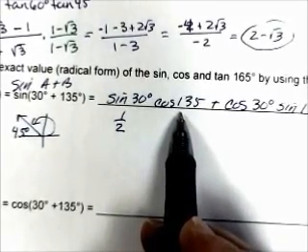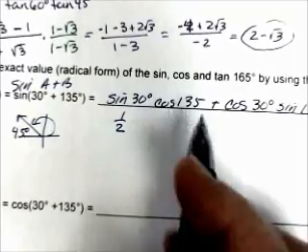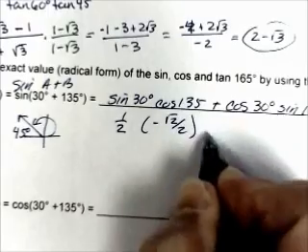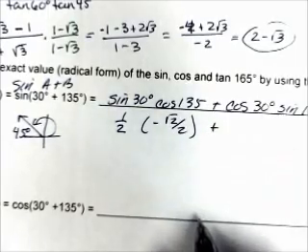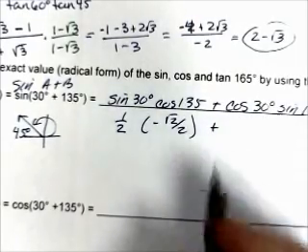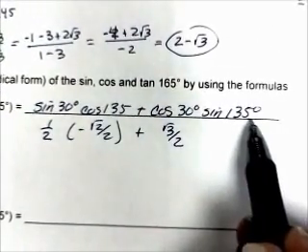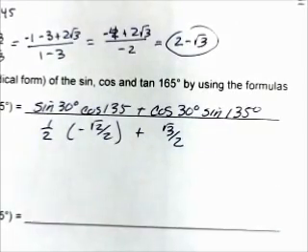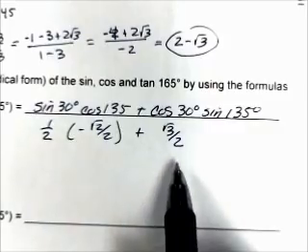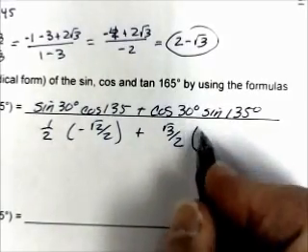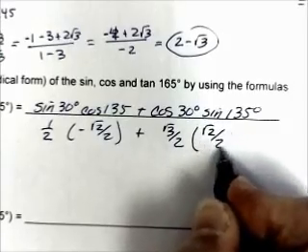And the cosine of 45 is the square root of 2 over 2, so this would be negative square root of 2 over 2. Cosine of 30, square root of 3 over 2, times the sine of 135. The 135 degree angle in quadrant 2 has the reference angle of 45, and sine is positive in quadrant 2, so that would be simply equal to the sine of 45, which is the square root of 2 over 2.